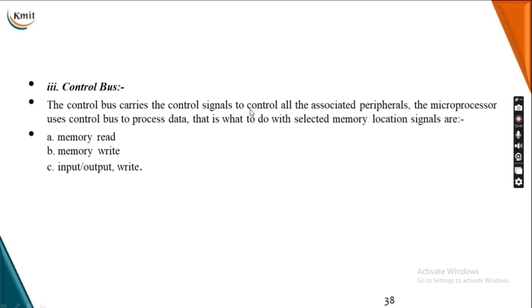The microprocessor uses control bus to process data, that is, what to do with the selected memory location signals, which are memory read, memory write, IO write. So these are the bus organization of 8086 microprocessor.